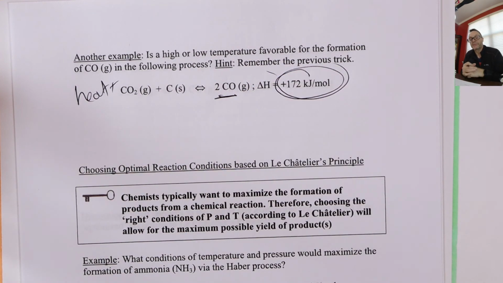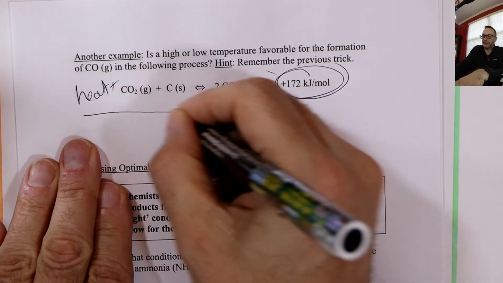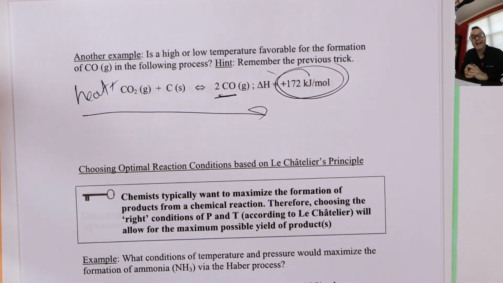Want to make some product, want to make some CO. Do I heat this thing up? Yes or no? Think about the consequences. If I heat this thing up, what's it going to do? It's going to want to remove heat. Heat's on the left there, so it's going to go that way. So if I heat this thing up, it's going to want to remove heat. It's going to go to the right.